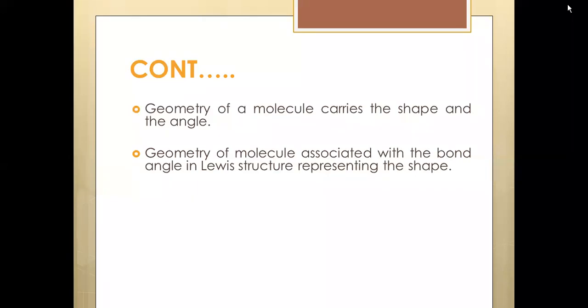Again, I'm just mentioning to you all. The first step is to draw the Lewis structure. From the Lewis structure, you should be able to define your VSEPR units or repulsion units. From the repulsion units, you should be able to say what the geometry is.